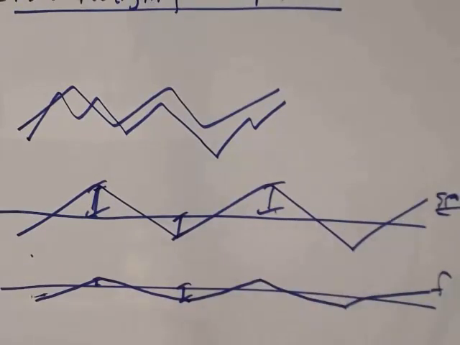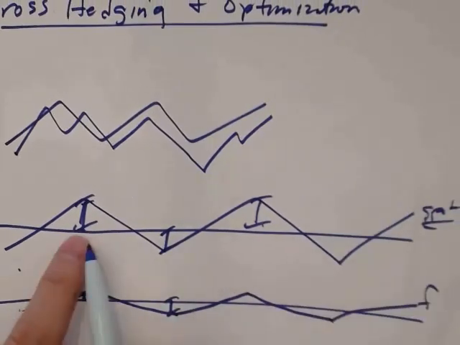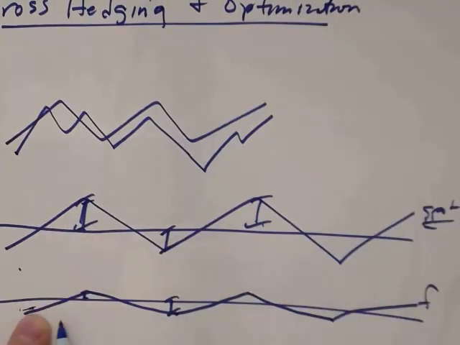And if it was the other way around, where the spot price was very stable and the futures price was very volatile but highly correlated, then you would need less than one futures contract for every one unit in spot.